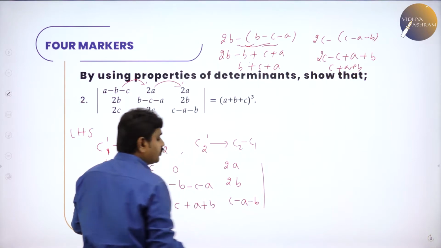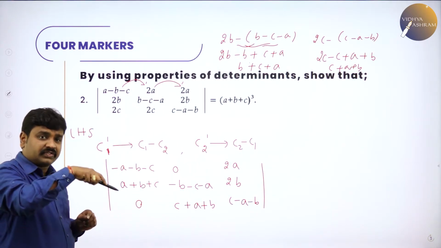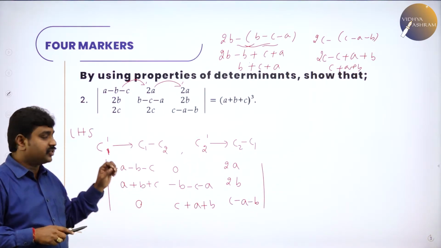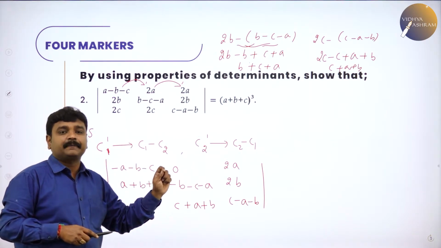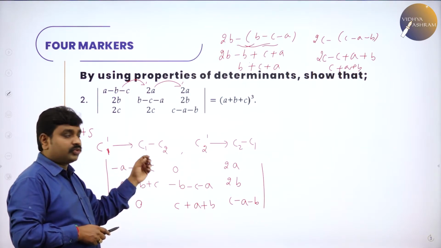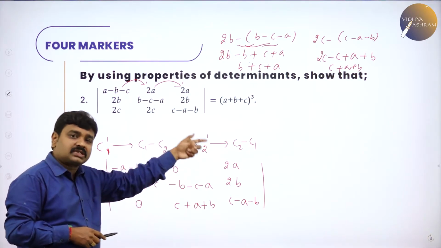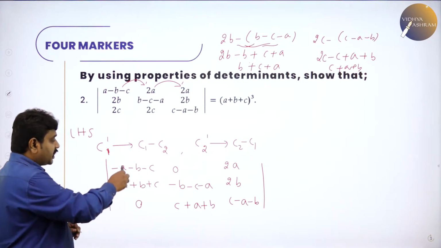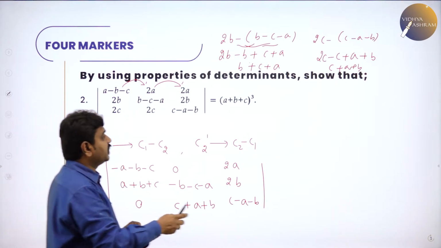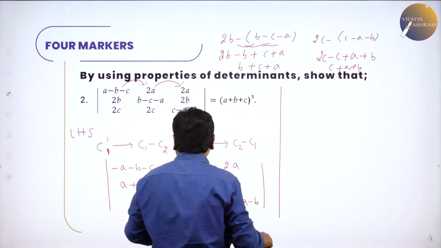Any doubts? If you remember what we have done in the first case, the same thing I am doing. That is simple transformation. C1 is C1 minus C2. C2 is C2 minus C3. So column 1 minus column 2 and we write it in column 1, column 2 minus column 3. The same thing we have done. Now you can observe, I can take minus common. Before that, can I rewrite the first column?